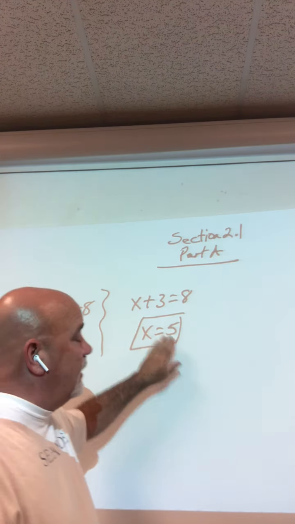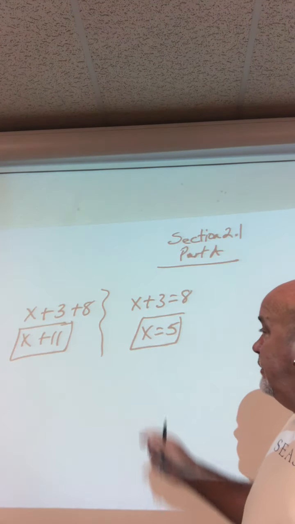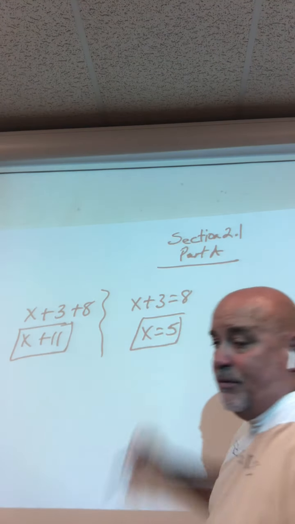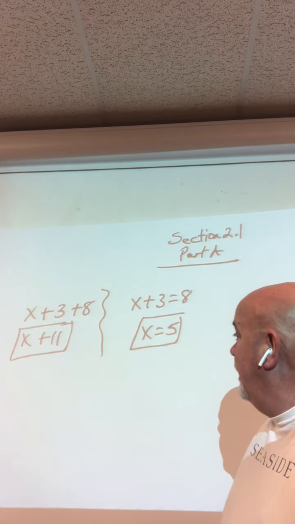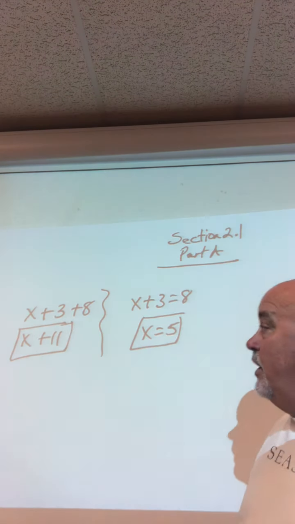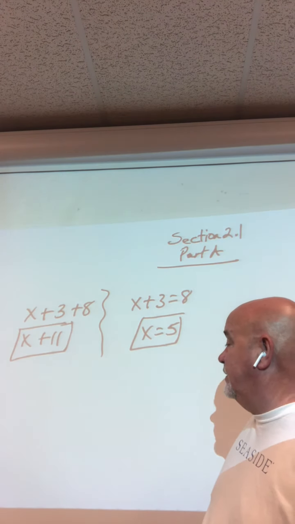As a matter of fact, not only is that the solution to the problem, it is the only solution to that problem. Nothing else you could put in for x would make that be true. So this is what we call solving the equation. We simplify expressions, we solve equations.